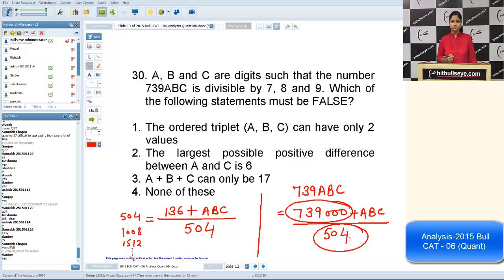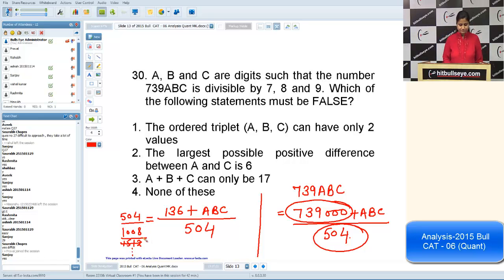I'm taking multiples of 504. But from the third case onwards this is not possible, because ABC will come out to be a 4-digit number, which is never possible. So we are left with only 2 cases.